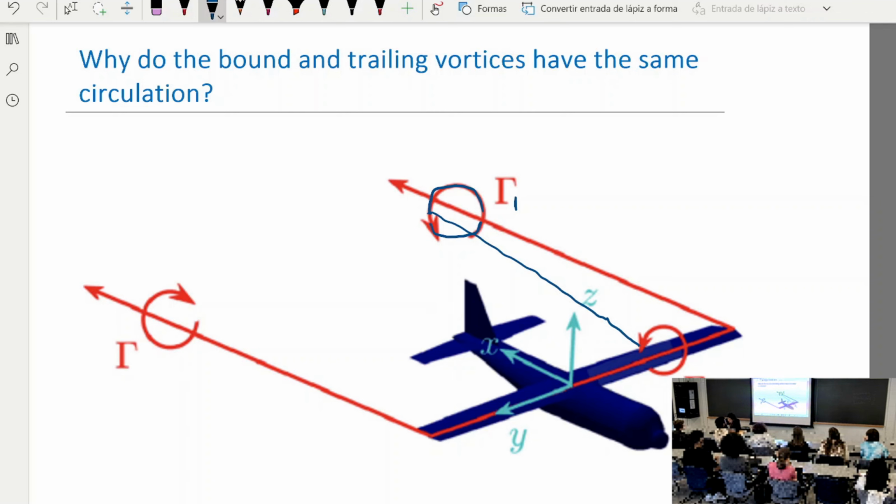On the other side, I'm going to go from here, which is on the lower side of the fluid coming out of the trailing edge, all the way to here, which is still on the lower side. Then I follow the original contour around the bound vortex. Is it clear what I'm doing? So basically, the flow coming out of the trailing edge goes straight through this little gap.